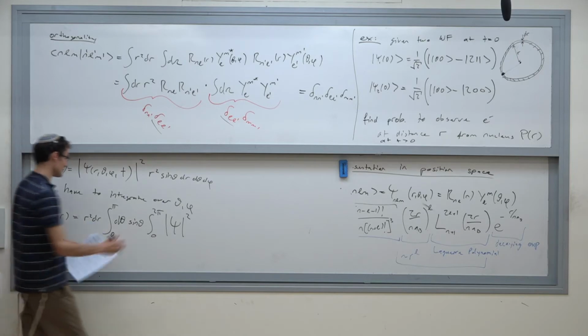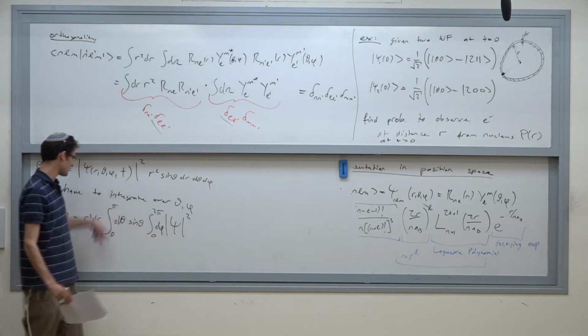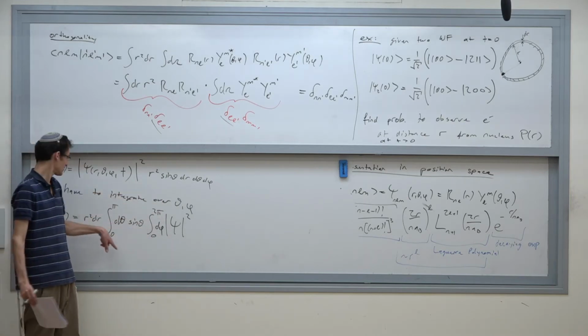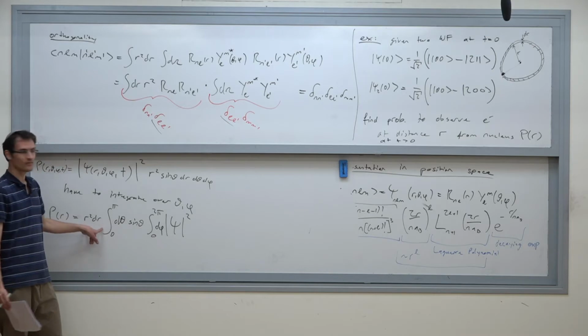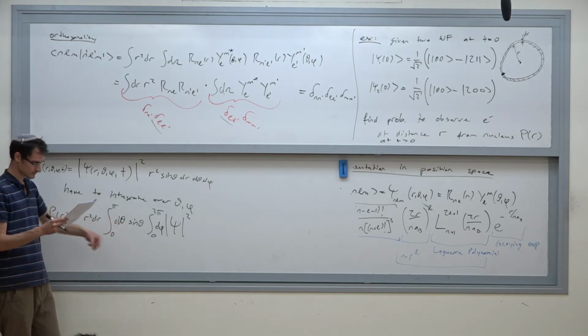So I'm taking the integral d phi. Taking the integral over theta and phi over the entire space. So over the entire 4 pi steradian. But no integral over r, because I'm interested in the distance r. I don't want to kill that. So this is what I actually have to do.